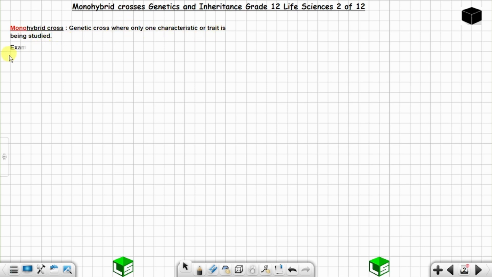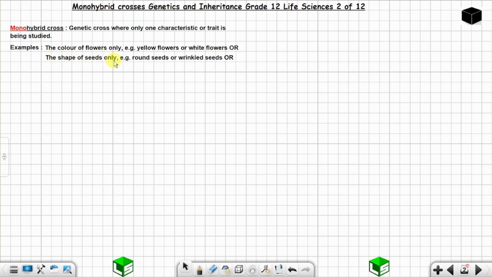Examples of monohybrid cross: you are looking at the color of flowers only. You are trying to cross plants and see how the colors of flowers are inherited. This is one characteristic, the color of flowers. Another example can be the shape of seed only, trying to see how round seeds or wrinkled seeds are inherited.